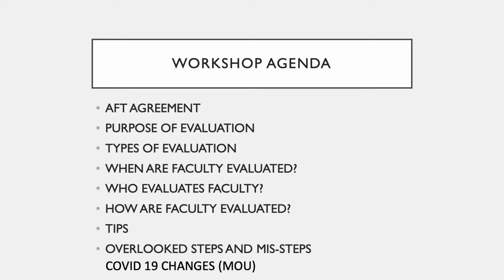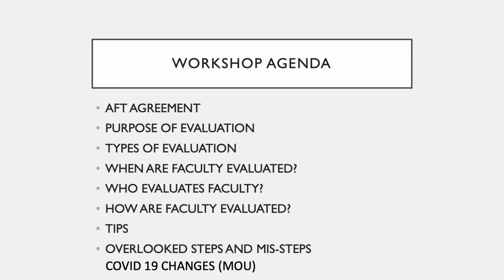So today we're going to go through and review both the AFT agreement and the language there regarding evaluations, the purpose of faculty evaluation, the different types of evaluation. We'll also talk about the timelines for when faculty are evaluated, the folks who actually conduct the evaluations, the ways in which faculty are evaluated, and then some general tips and things that sometimes are overlooked, mistakes that we see that are common.